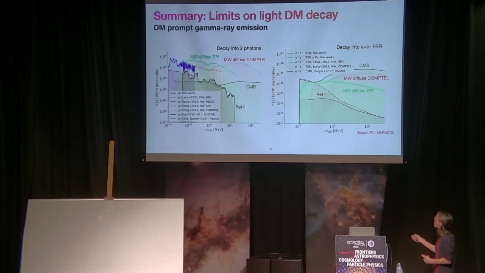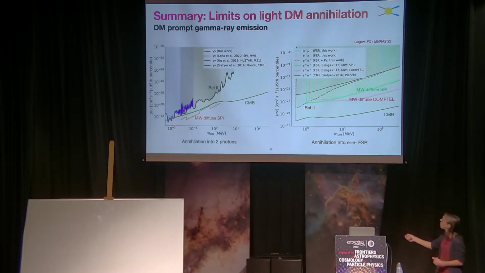So those limits, in particular the one on the annihilation cross-section, are here for a cross-section which is velocity independent, so the S-wave. The CMB limits are very strong for S-wave processes, but they are not so strong for P-wave processes, because in the early universe the velocity of dark matter particles was much higher, and you have a suppression of v squared.